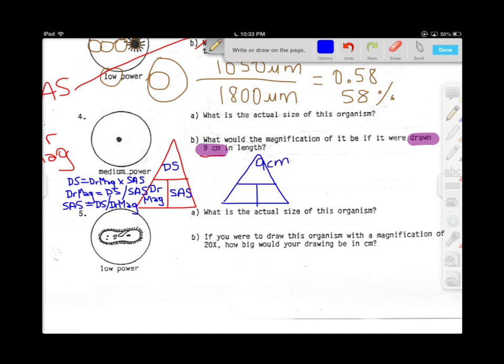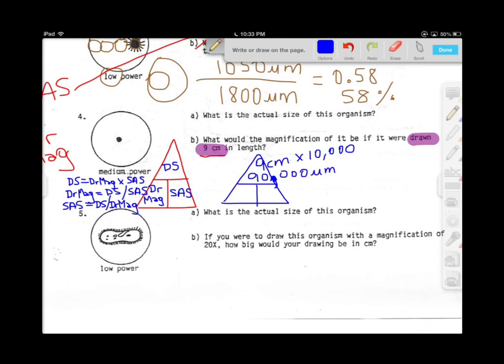Now, it turns out you multiply centimeters times 10,000 to get micrometers. So this is 90,000 micrometers.